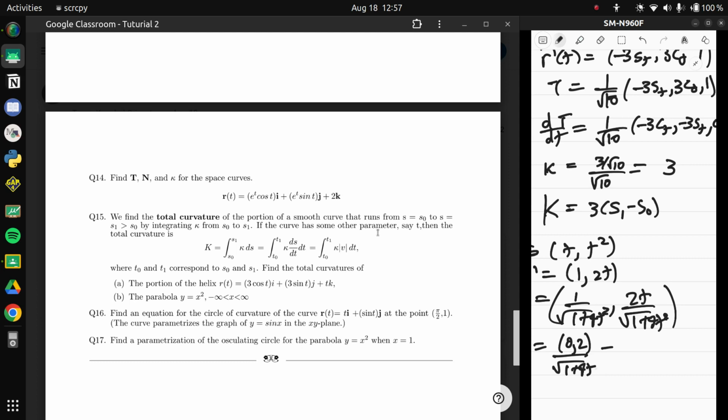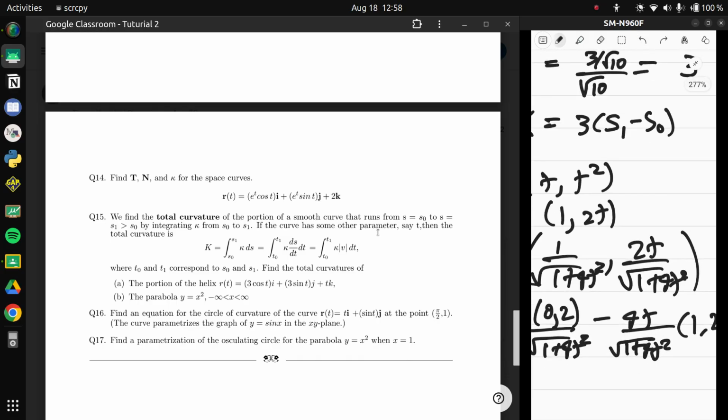Oof. Okay, so it's got 2t, just cancels that out, just minus 4. Not plus. So it's to the power of 3 by 2.